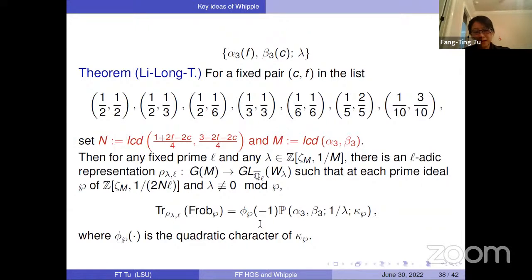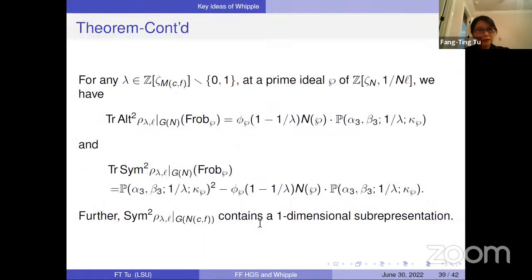From here we talk about the alternating square and the tensor product. The trace of the alternating square of this representation is equal to the 3P2 function with some twist. And the symmetric square comes from the tensor product with the alternating square removed.